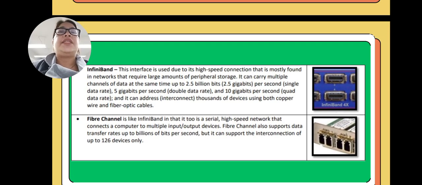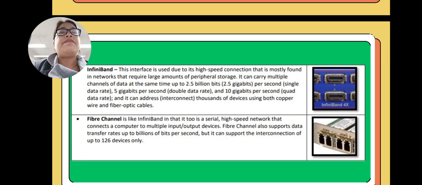Next is InfiniBand. This interface is used for high-speed connections, most often found in networks that require a large amount of peripheral storage. That is the InfiniBand 4X. Next is Fibre Channel.